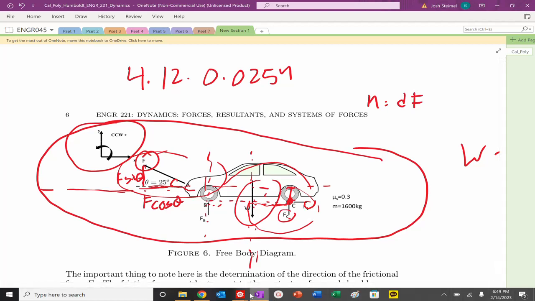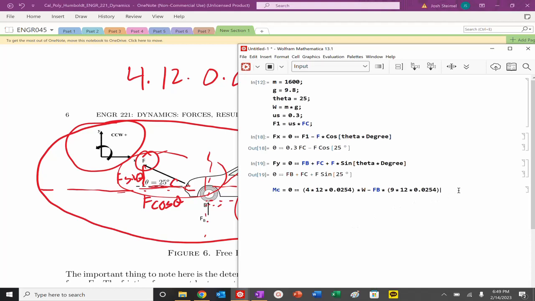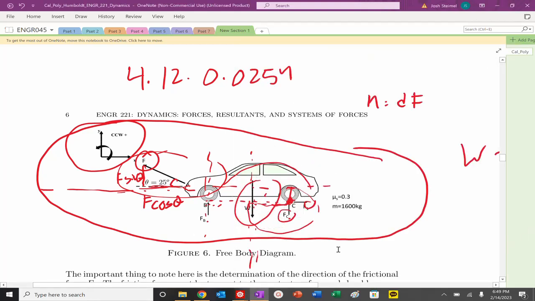So that's going to be a plus F times cosine of theta times degree. And the distance is 1 foot times 12 inches times 0.0254.